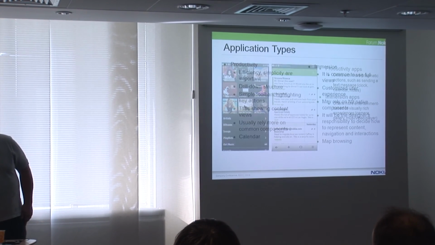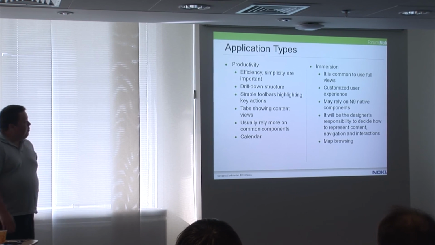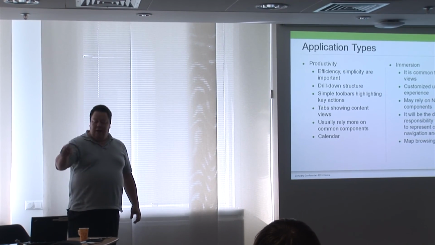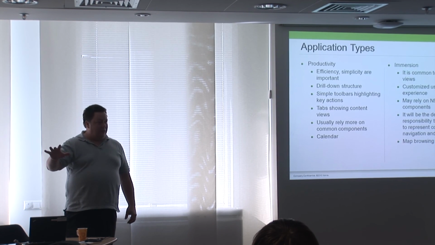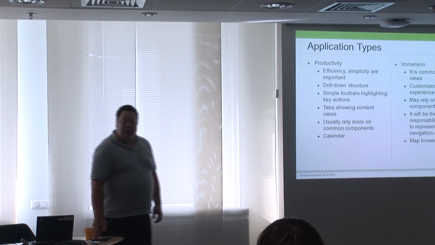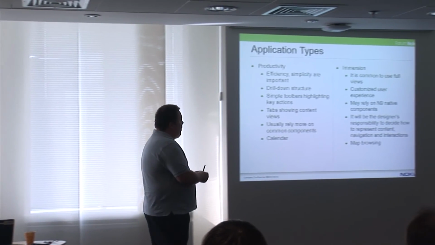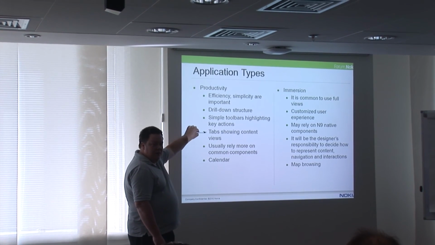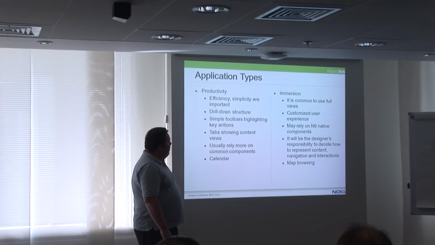So this is the first thing what you think. Productivity, efficiency, simple to use, quickly, the important functionality, the most important actions. And to be able to access the most important actions quickly, you often use tabs. Tabs in the toolbar.